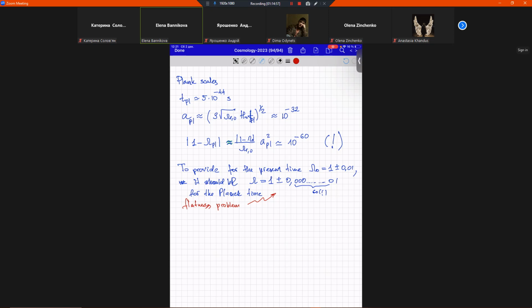It really looks like something intelligent put such initial conditions, especially to make the universe flat in the future.